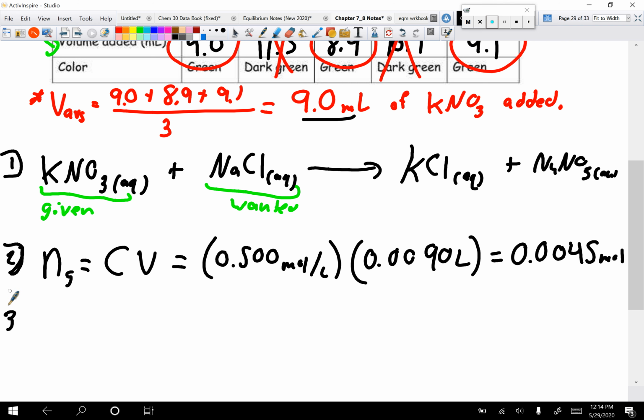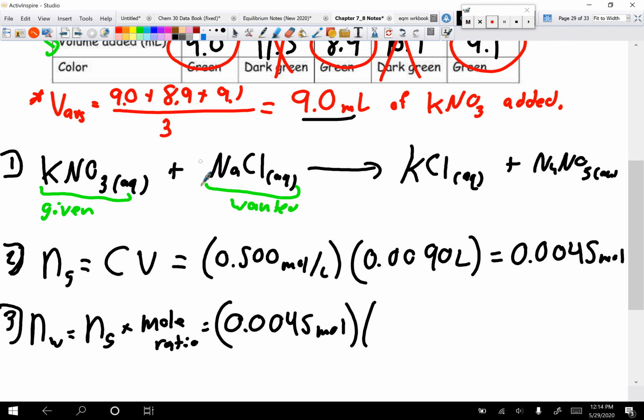Step 3, find the number of moles of our wanted, which is equal to the number of moles of our given times our mole ratio. So we take our 0.0045 moles, multiplied by our mole ratio, wanted 1 over given 1, and we get 0.0045 moles.